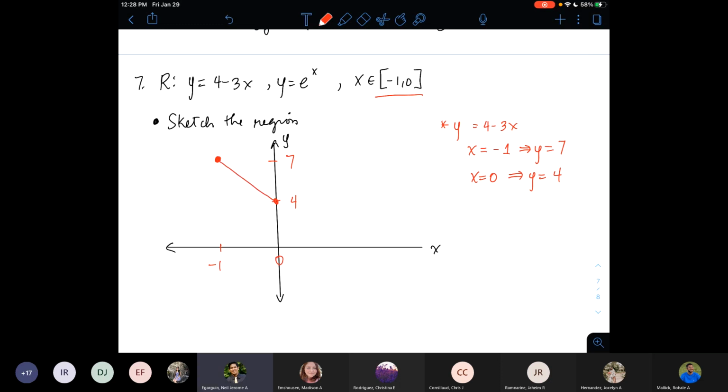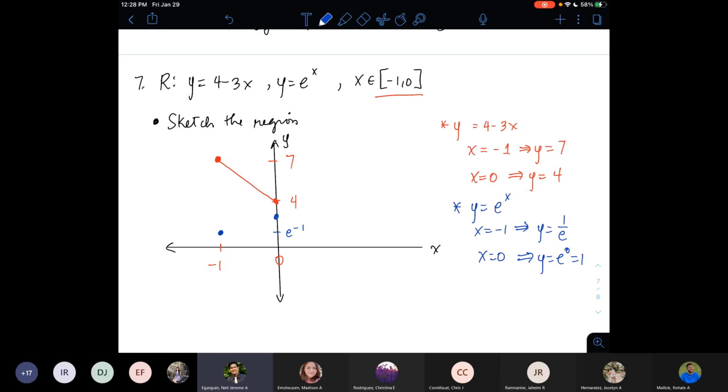Okay, so that's a straight line. The second function is the exponential function, y equals e raised to x. When x is -1, then y is 1 over e, or e to the -1. But e is 2 point something, so this would be less than 1. So let's put it somewhere here. But when x is equal to 0, then y is equal to e to the 0, which is 1.